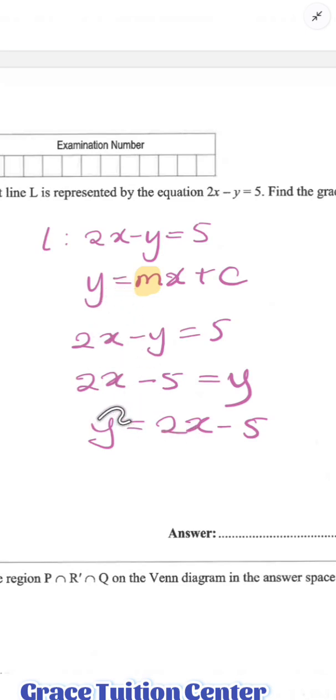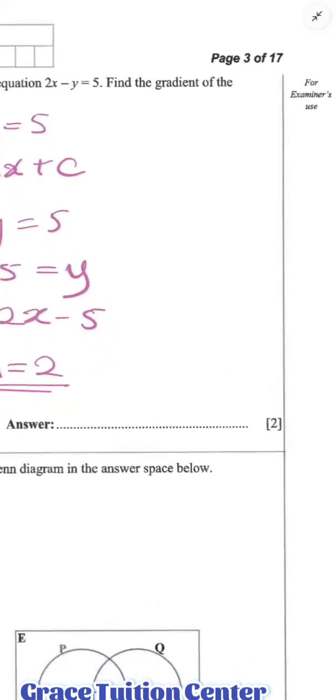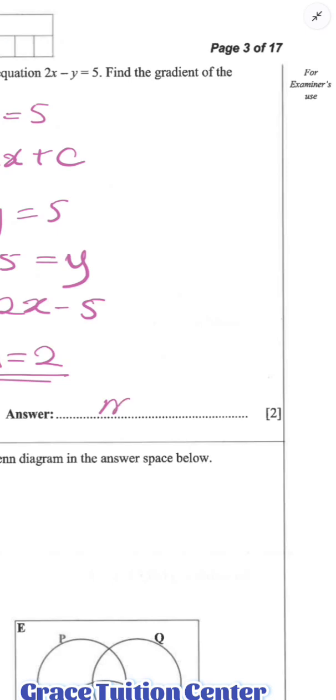So we have the y, the 2 which is with the x, and the constant is negative 5. Therefore, our gradient is positive 2. You can come to your answer space and write m equals 2. Is that okay? If that's okay, we can proceed.